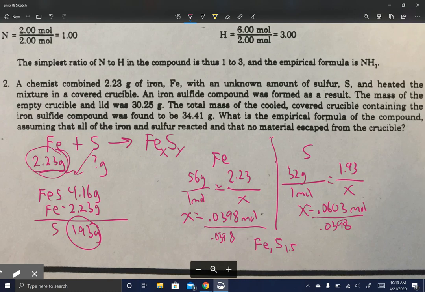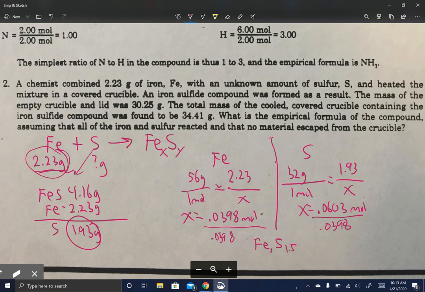And, now in hindsight, hindsight's 2020, they say, meaning looking back, this definitely is way too hard for you guys in general. Some of you hopefully could get to this point. Maybe all of you, that'd be awesome. But the reason I'm saying this is too hard is because now you have to understand you can't have a 1 to 1.5. You can't have half of an atom.